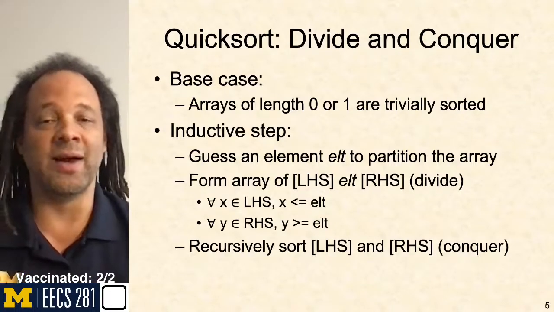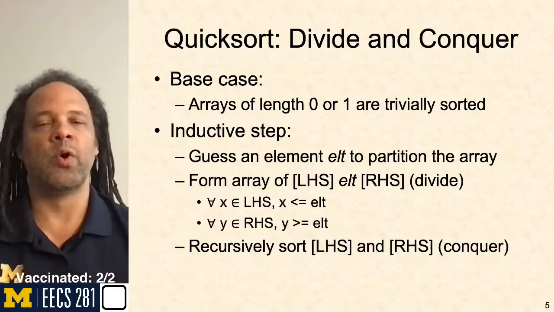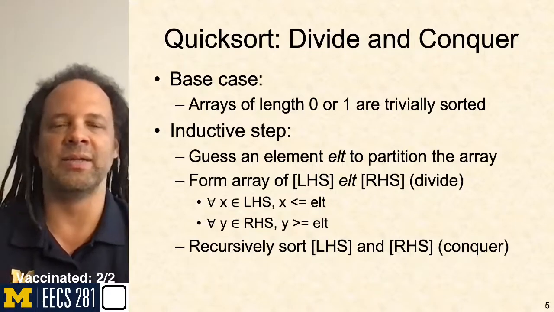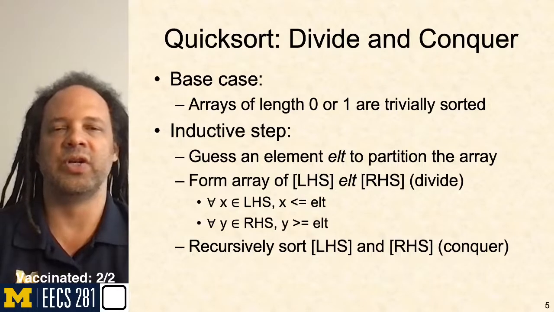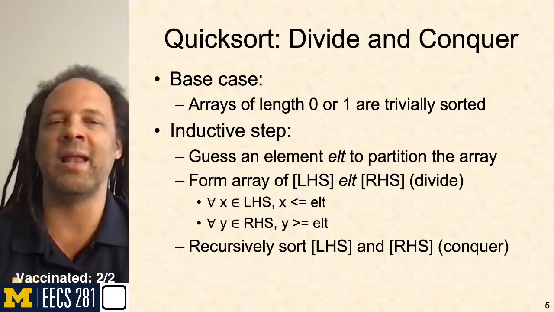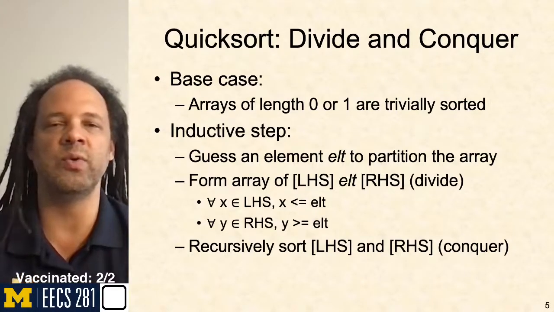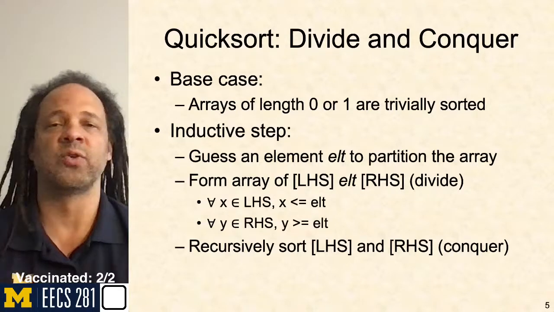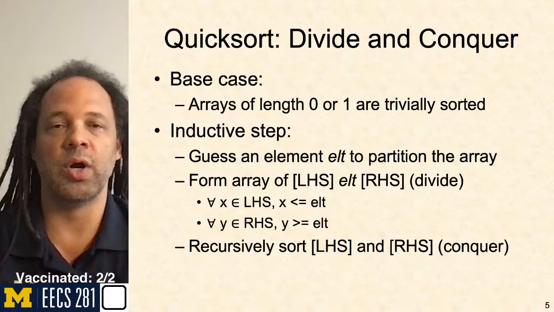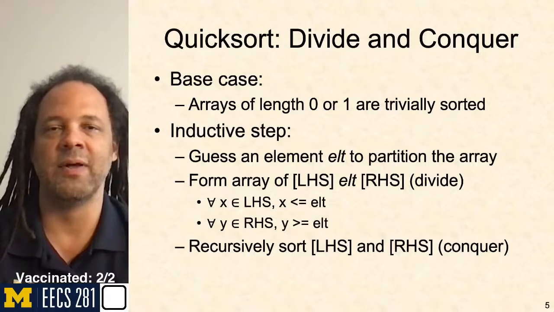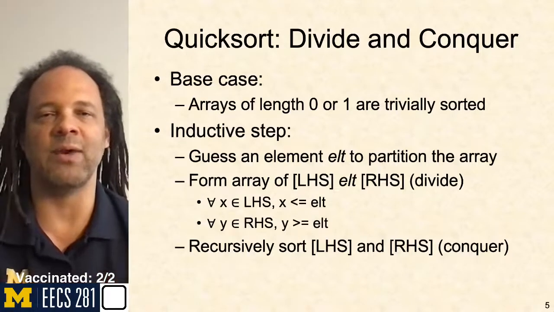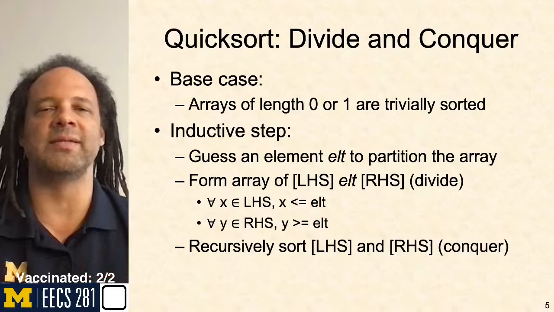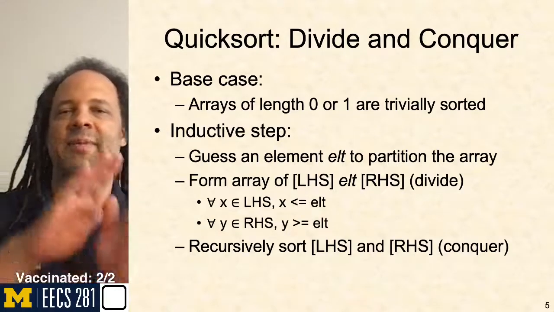We've also got an inductive step, and during that, we're going to find some element and use that to partition the array. So finding the element is one of the things that you can do to sort of flavor your Quicksort. However you find it, it doesn't matter how you find it, when you get it, you're going to use that element to say, I want everything less than this element over here.